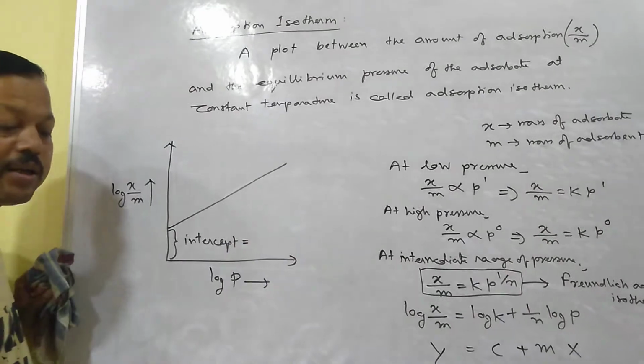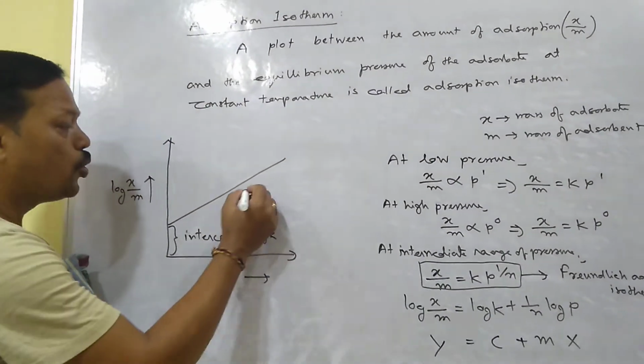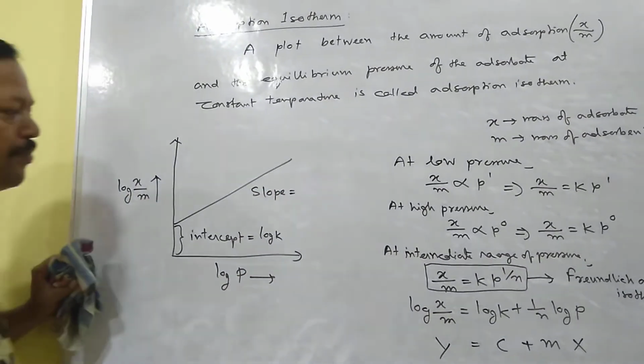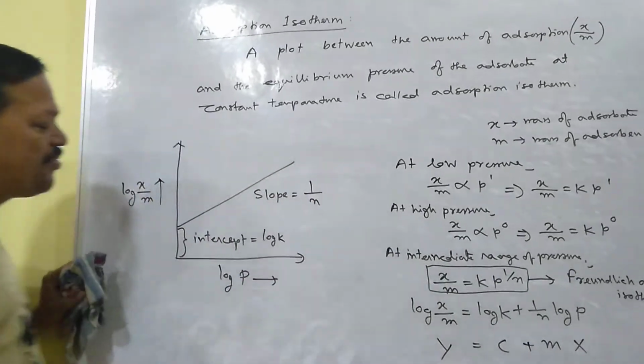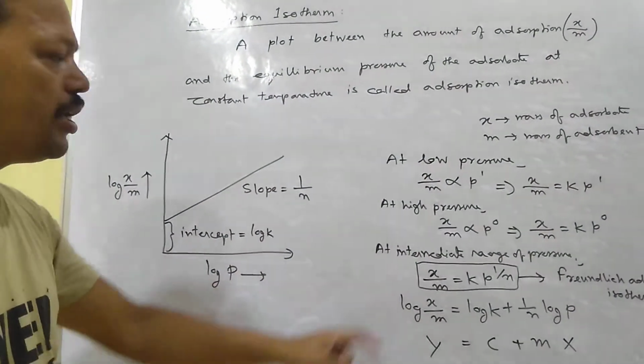According to the equation, the intercept is log k, and the slope, you know slope means m, so what is m? 1 by n. The slope is 1 by n. Like this you can determine the intercept and slope by using this equation.